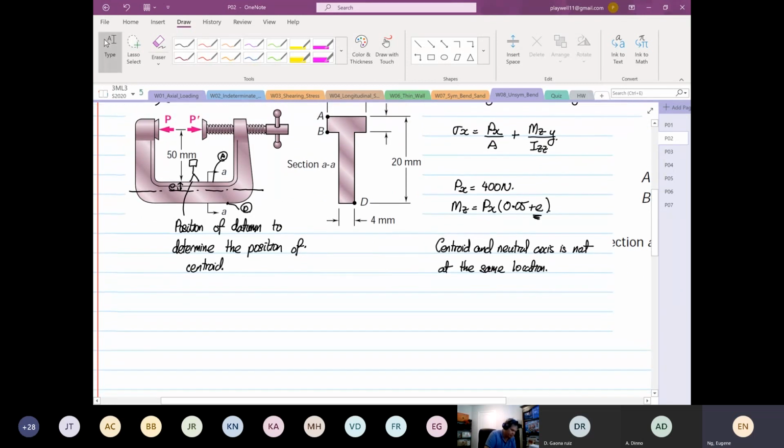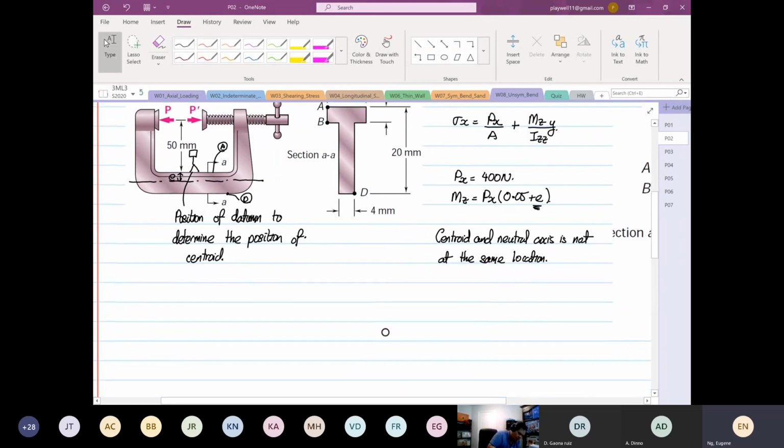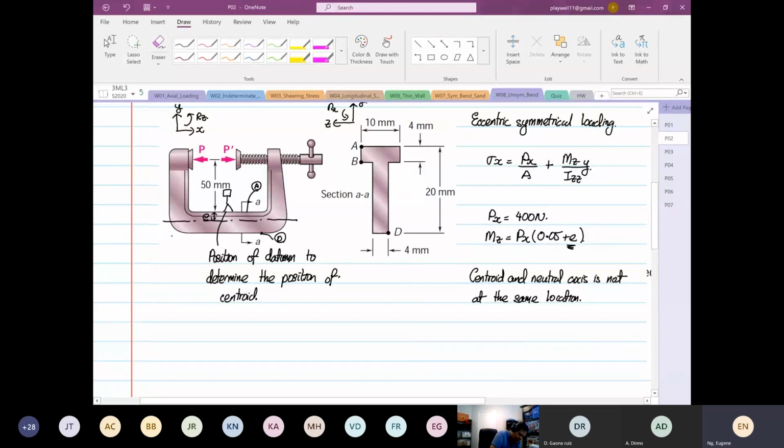Okay, but before we find the position of centroid, we know that the structure will deform this way, right? So if we look at the structure, I'm going to sketch out how this is going to deform. It's going to deform like this. Okay, that's how the structure will deform. Okay, so this is your deformation pattern.